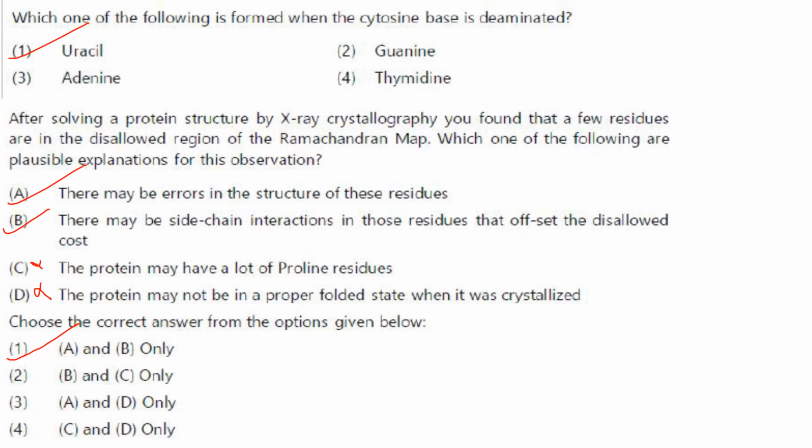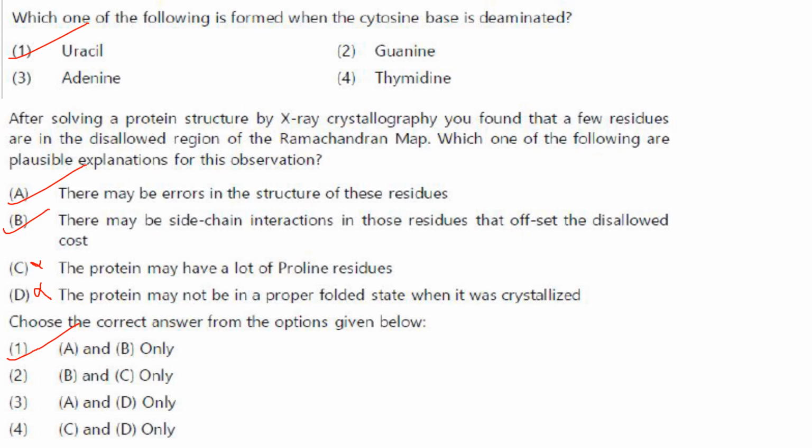After solving a protein structure by X-ray crystallography, you found that a few residues are in the disallowed region of the Ramachandran map. Which one of the following are plausible explanation for this observation? There may be errors in the structure of these residues. That could be a possible explanation.